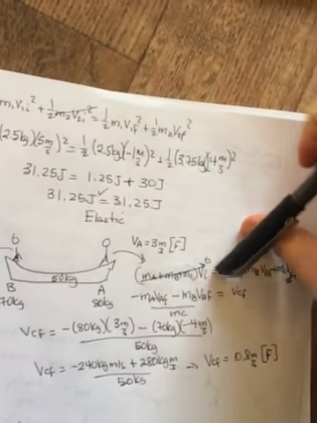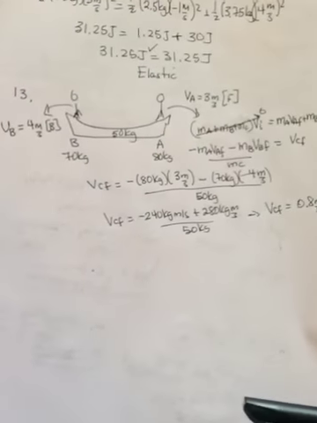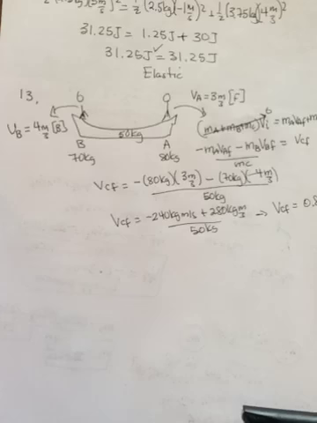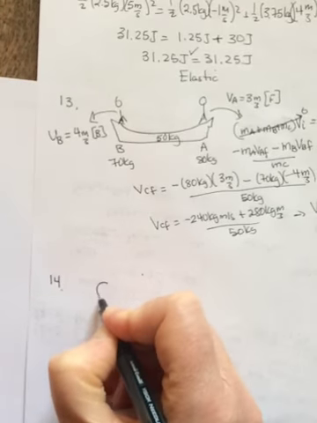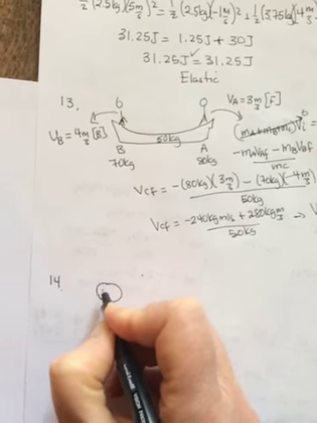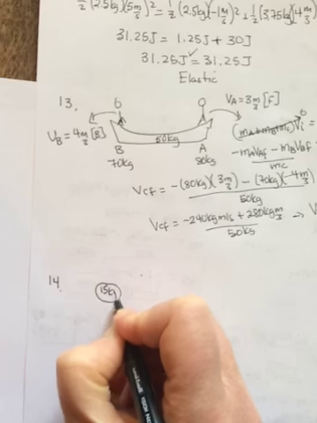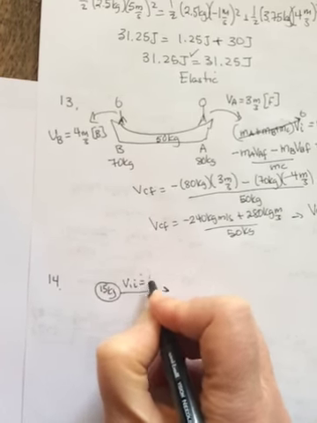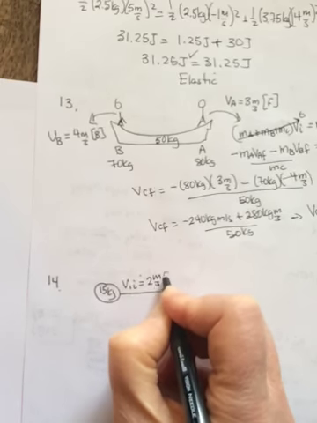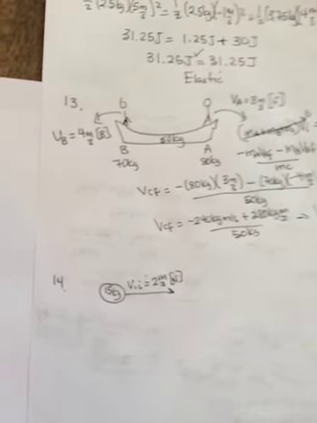Number 14. A 15 kilogram body is moving north at 2 meters per second. Okay. So 15 kilograms, and its v1 initial is 2 meters per second north.